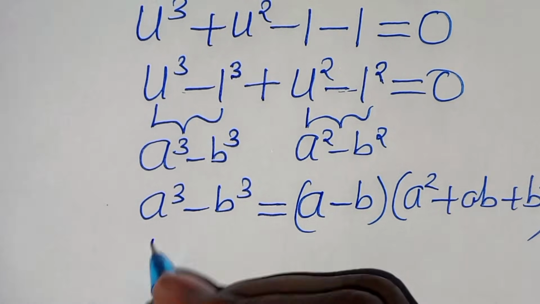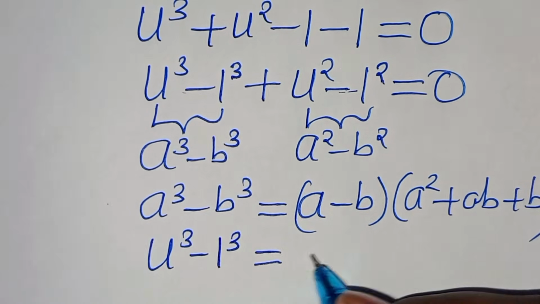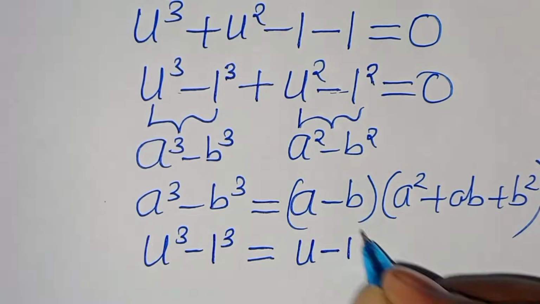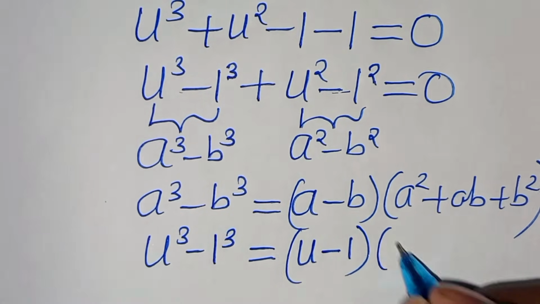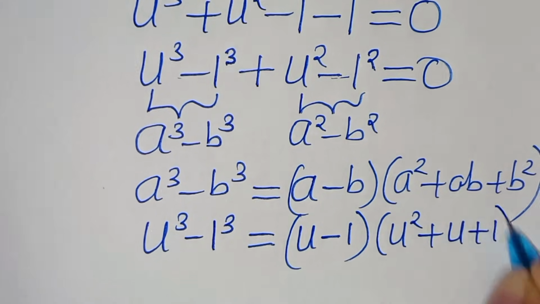So u to the power of 3 minus 1 to the power of 3 can be expressed as u minus 1, then u to the power of 2 plus u plus 1.